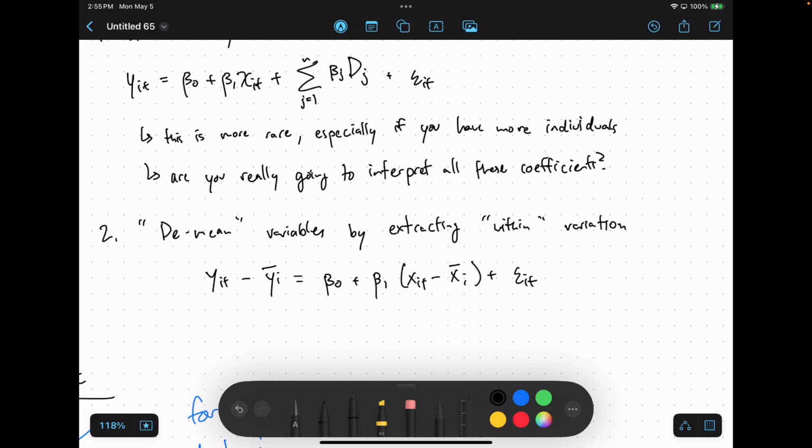So beta 1 here will match the beta 1 of the example where we are adding a binary control variable for every individual. But what's happening here is essentially you're saying, let me look at a particular individual and let me look at how much they weigh over time. Let me take the average of that weight and only observe how much the weight changes compared to the average weight.